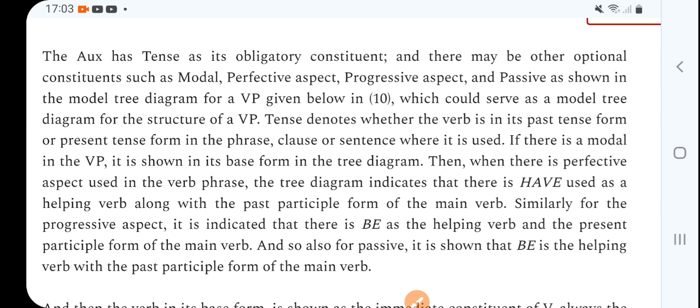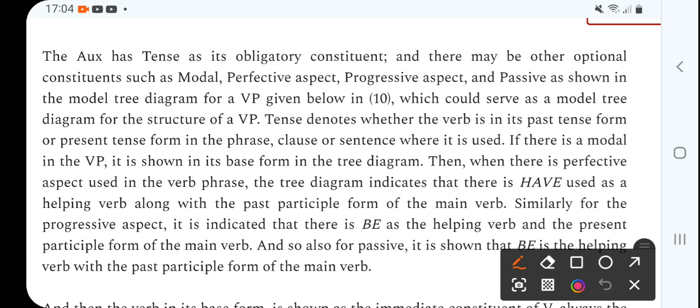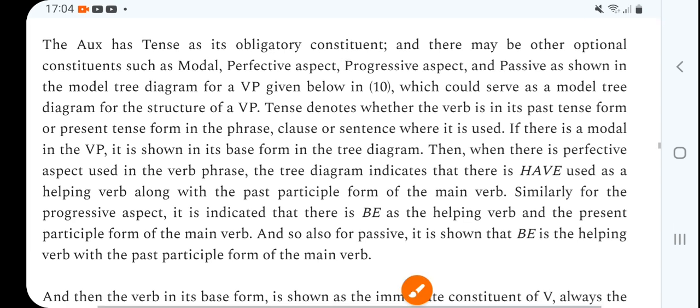For a VP given below in a tenth, which could serve as a model tree diagram for the structure of VP. Tense denotes whether the verb is in past tense form or present tense form in the phrase, clause, or sentence where it is used. So tense is past, present, or future, in other words, right?